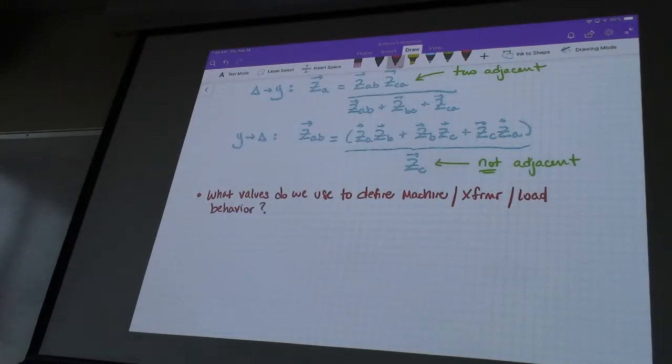So what values do we use to define the machine, transformer, load, however we want to describe it? How do we describe their behavior?